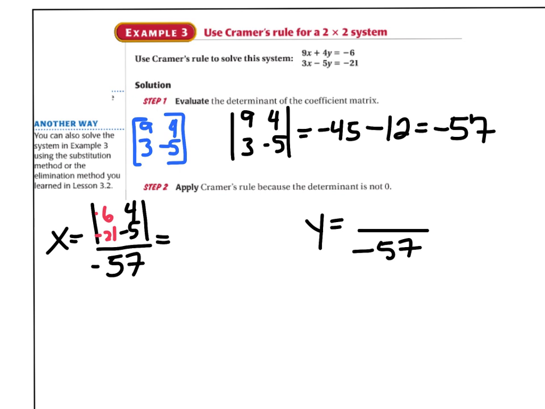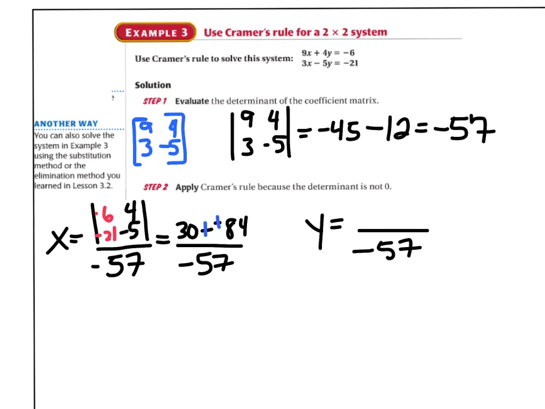And now I need to find the determinant of the numerator. We're going to multiply negative 6 times a negative 5 and get 30, and subtract from it negative 21 times 4, which is a negative 84. And that still is over negative 57. Alright, well, this cleans itself up.